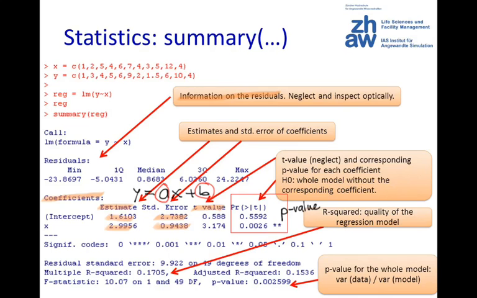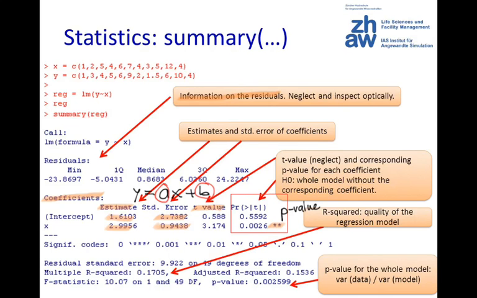In this case we see that the intercept is not significant, it is 56%. However, the slope of the line is significant, it is 0.0026, which is 0.26%, highly significant.